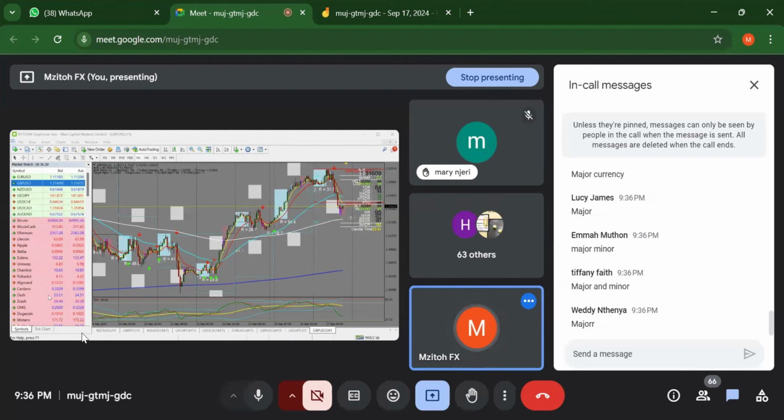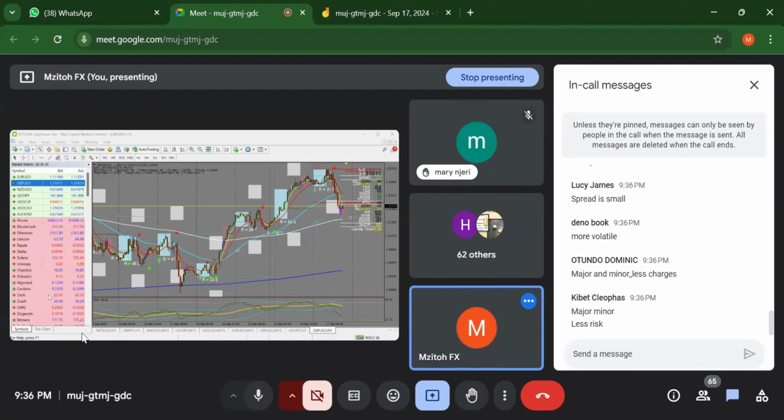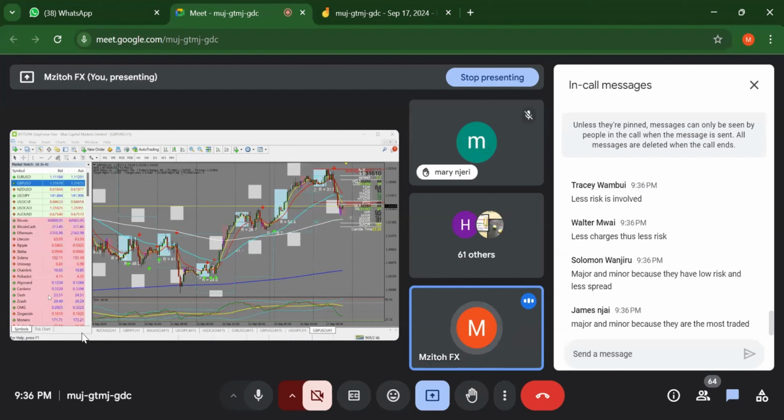Major and minor. Why? Because of less risk. You have answered well. Low charges involved. Low spread. You have also answered very, very well. Major, less risk, less charges.